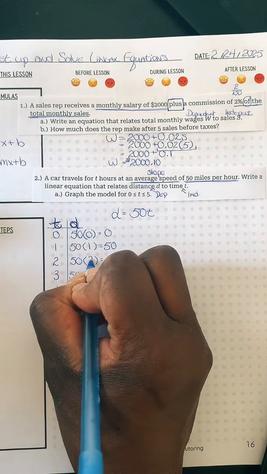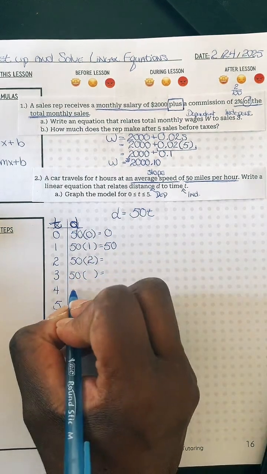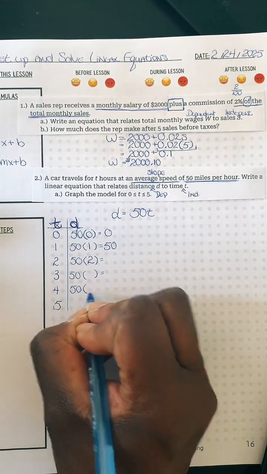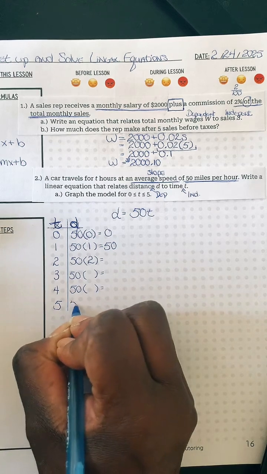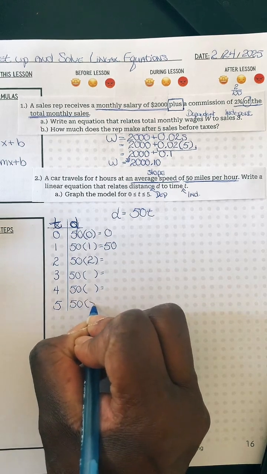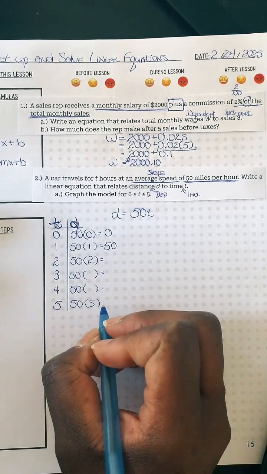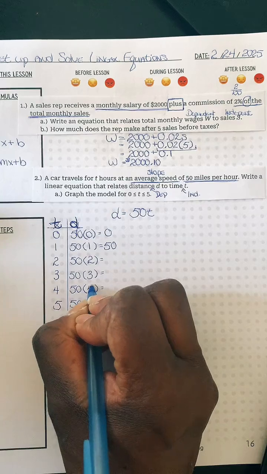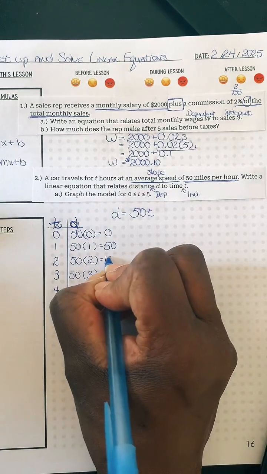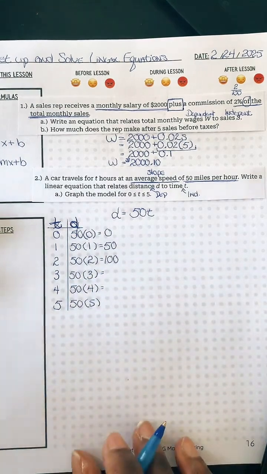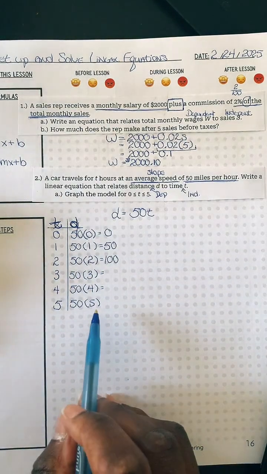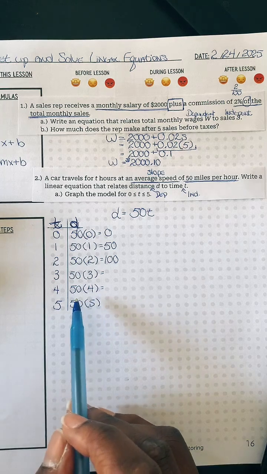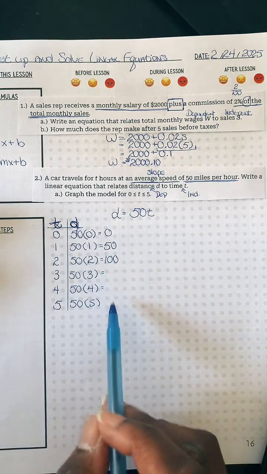So if I substitute 2 for the next one, what's my answer for the next one? What I can do is just substitute for all of them. Okay, 100. All right, so all we're doing is plugging in, yes, Gail, we're basically adding 50 each and every time.